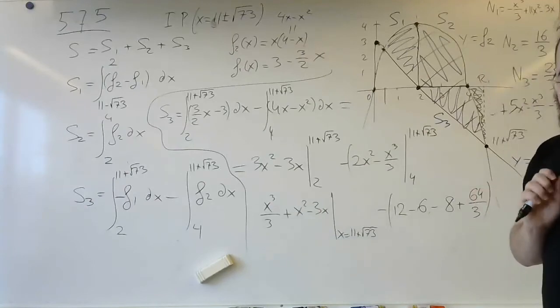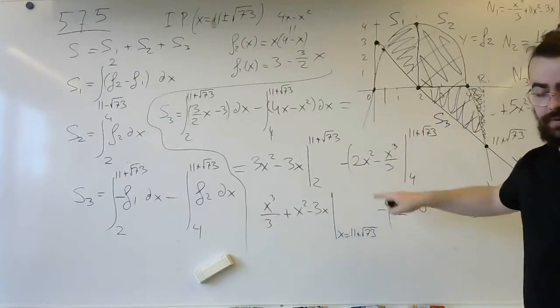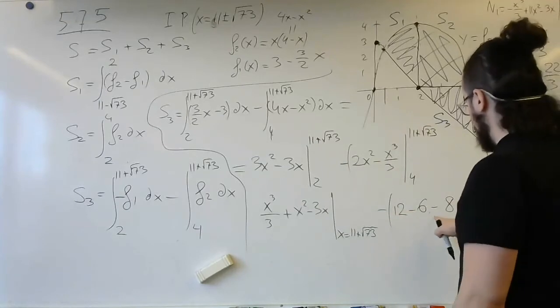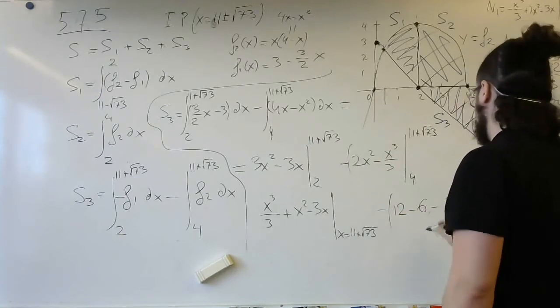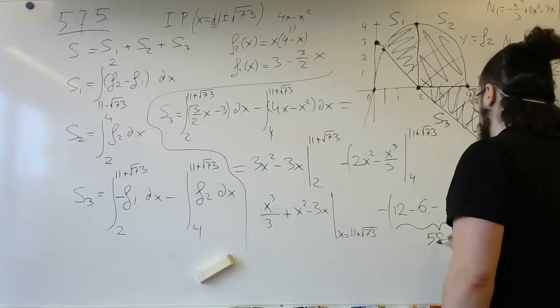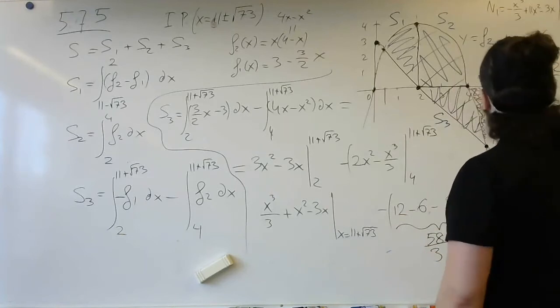Now this makes a little bit more sense. The reason why is because this thing is positive now. So this is 12 minus 14 minus 2, which is minus 6 thirds. So this whole thing is 58 divided by 3, negative sign.